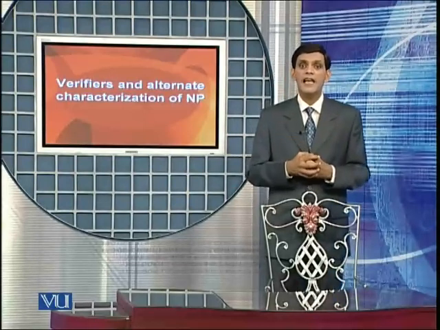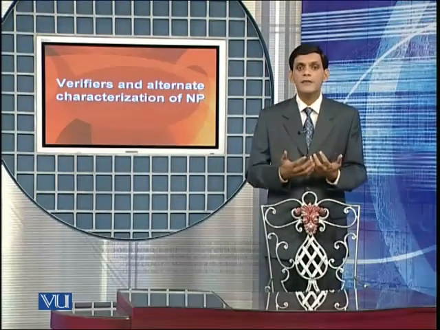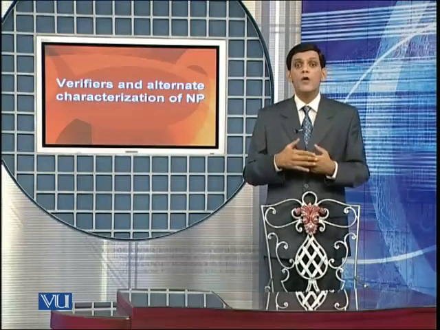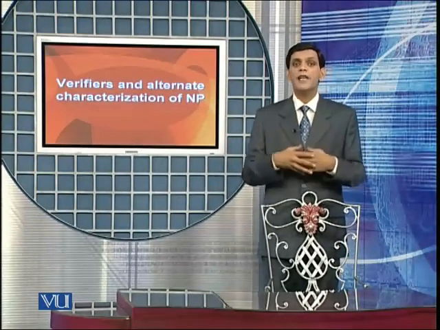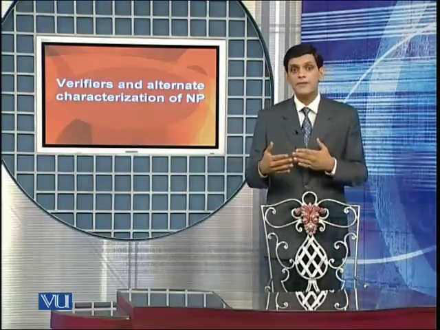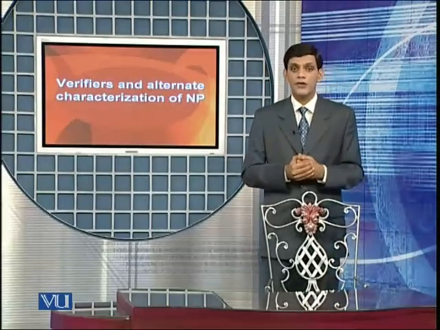Well, the basic idea is, since we have the power of guessing, we can try to guess the proof or guess the certificate. Once we have guessed this certificate, we can ask the verification algorithm to verify if our guess was correct. If the verification algorithm accepts, then the non-deterministic Turing machine would accept. Otherwise, it would reject.